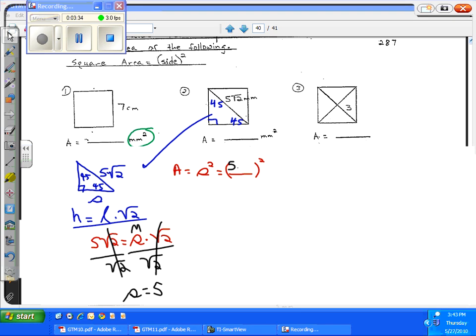So the side is 5 millimeters. So we have 5 millimeters, quantity squared. We distribute that through the parentheses. We get 5 squared is 25 millimeters squared, or 25 square millimeters. Any questions on number two? Okay.